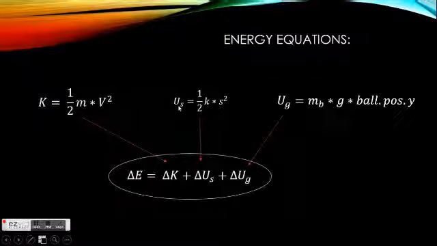Then we know the potential energy of the spring is equal to 1/2 k times s squared, where k is the spring constant and s is the length it's stretched to minus the relaxed length. Further, we know that the potential energy of gravity is the mass of the ball times g times the ball's position y from its starting point. Thus, we know that delta E must equal these three things added together, and delta E must be 0.